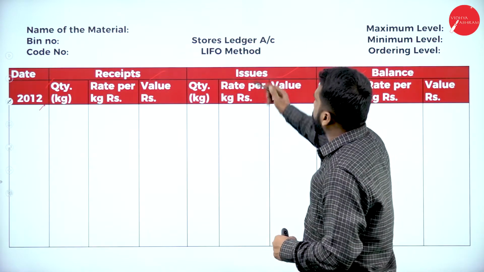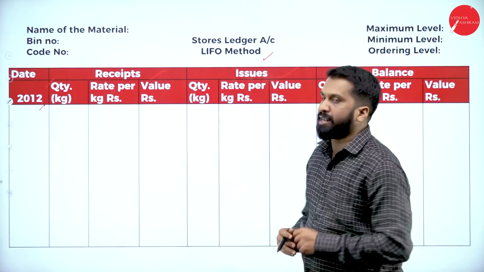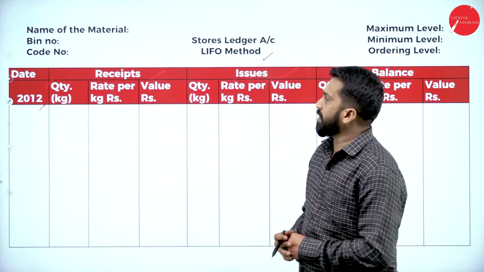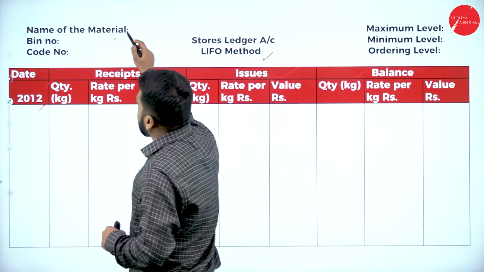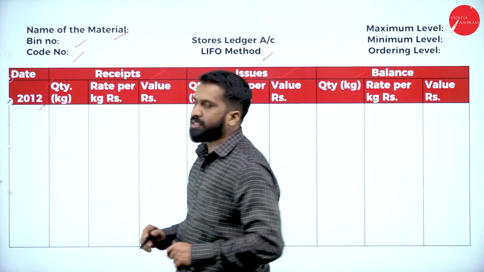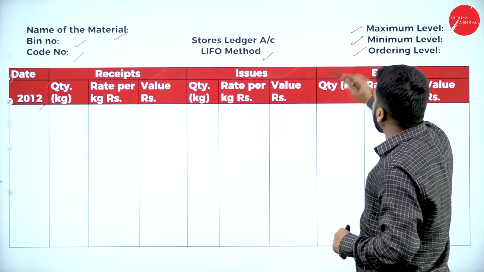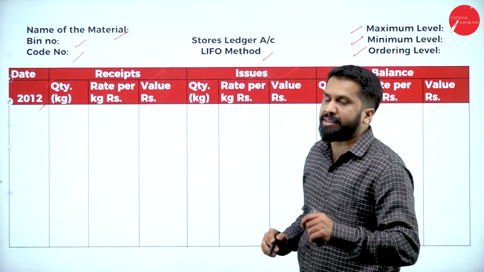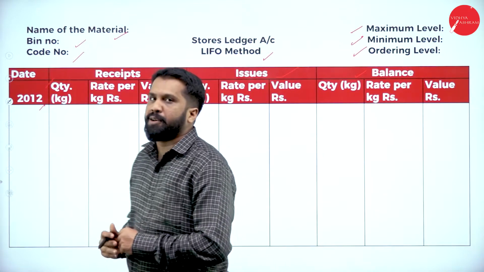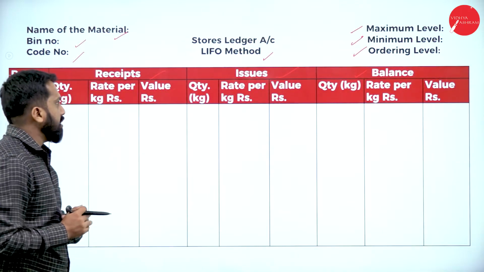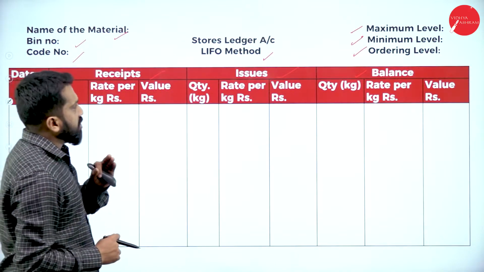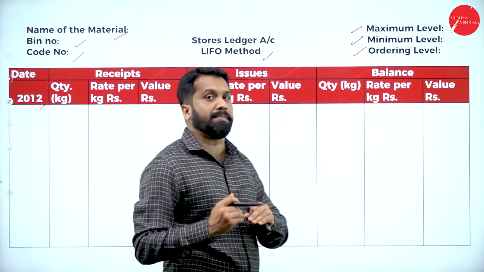In this, the stores ledger account is under which method? LIFO method. Then name of the material, bin number as well as code number. Similarly, maximum level, minimum level as well as ordering level. We have to solve one by one.